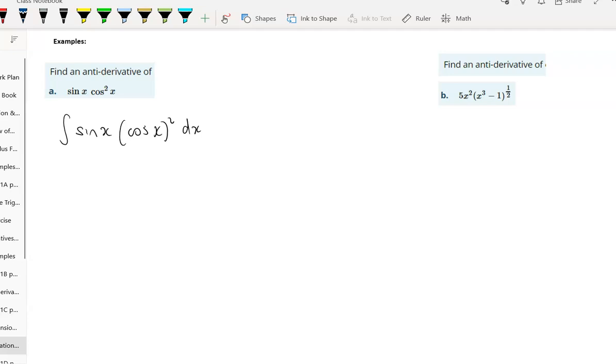One of those patterns is, more often than not, if there is a function that is inside a set of brackets, so under a square root sign, or raised as an exponential function, then more often than not, that is going to be our function that we substitute.